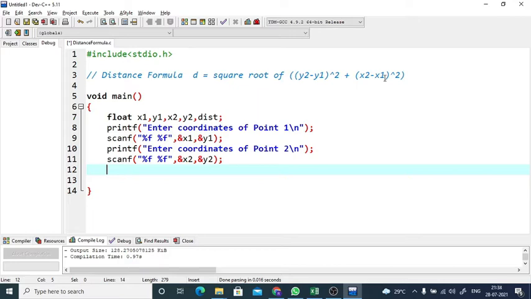There we had seen that we have a library function to calculate the square root, which is sqrt. But if you have to use any library functions, you have to add the corresponding library header file. And the header file for math related functions is math.h. So we'll go up and include that math.h file.